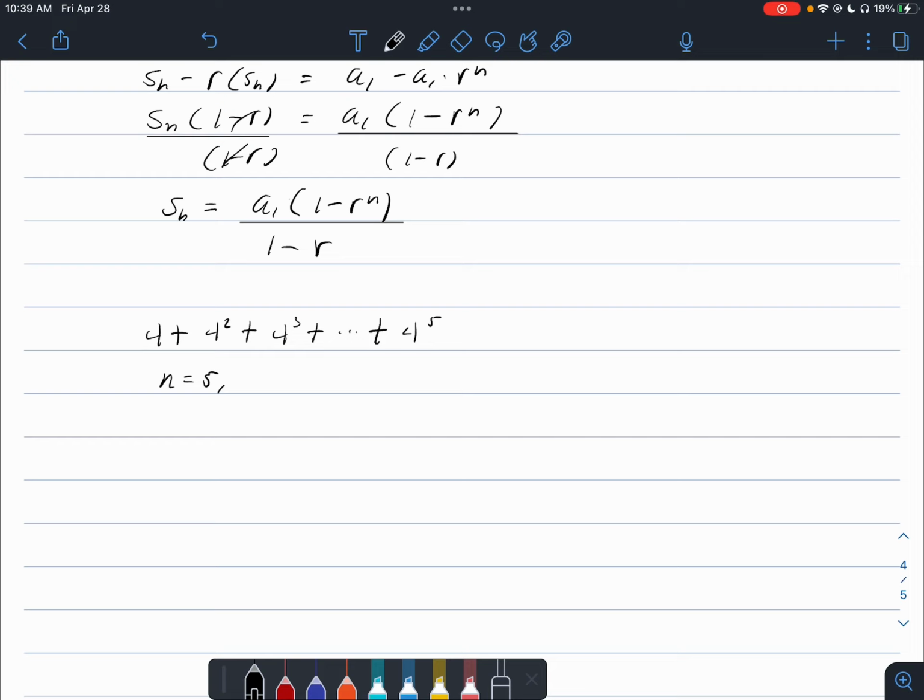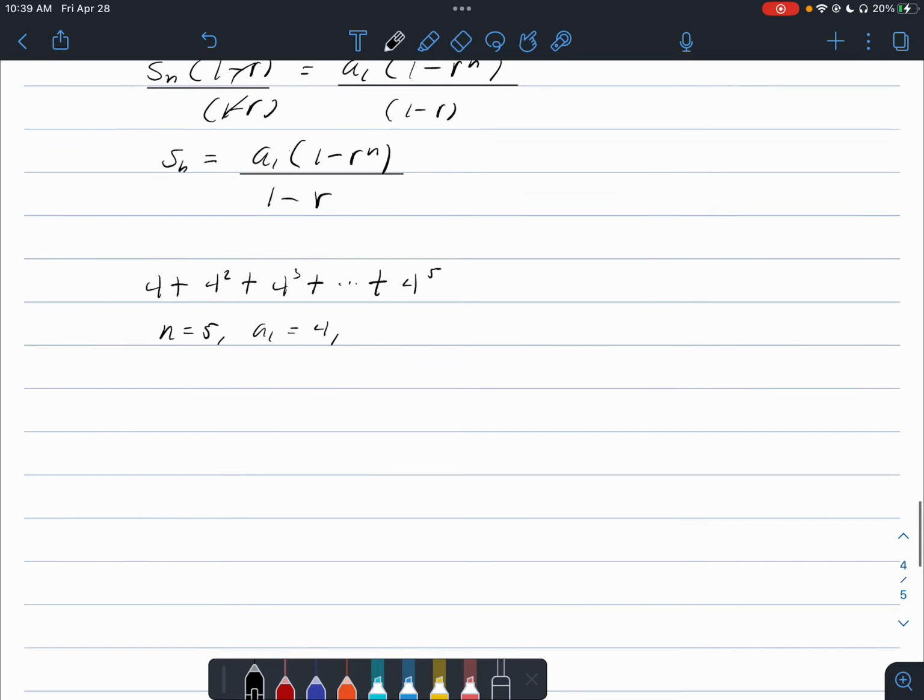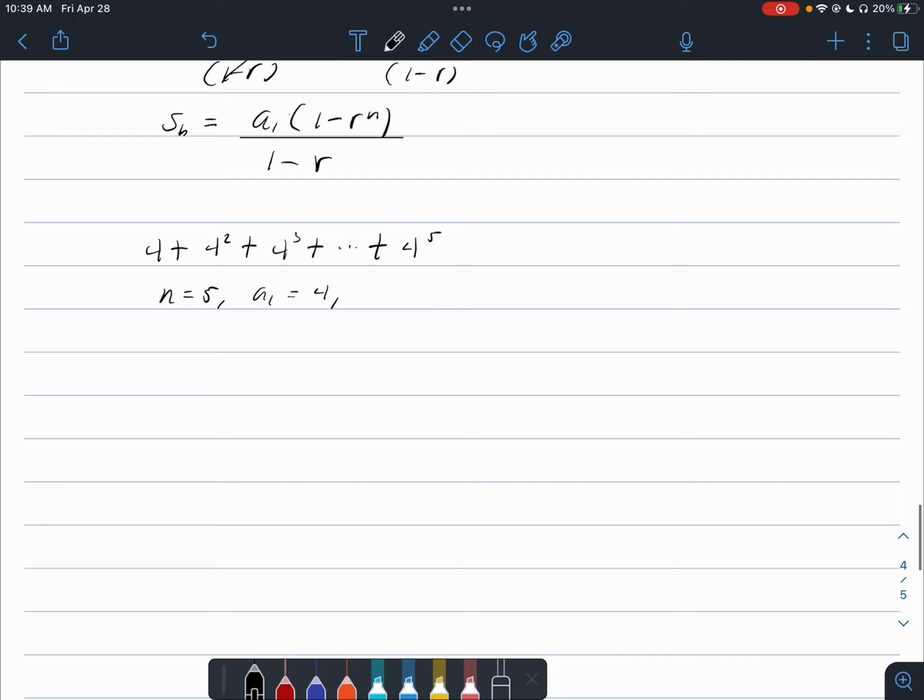Our first term A1 is equal to 4. Our common ratio: each successive term is 4 times the previous term, so r is equal to 4 as well. Knowing that, we can go ahead and solve.